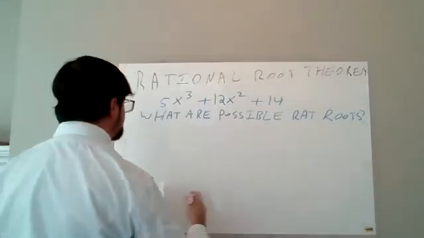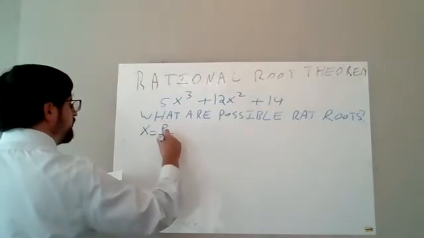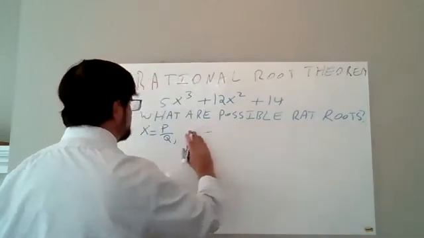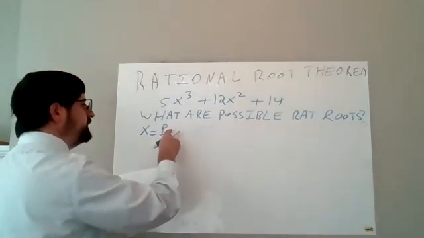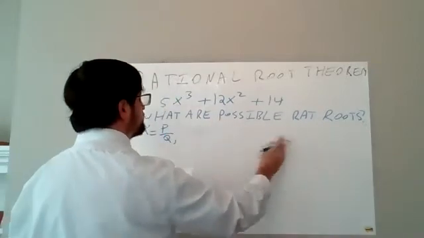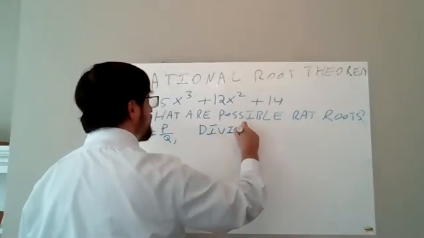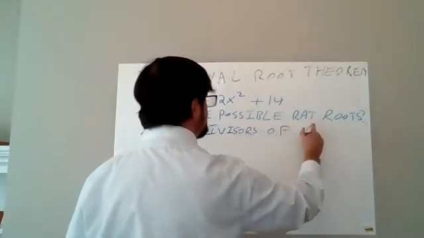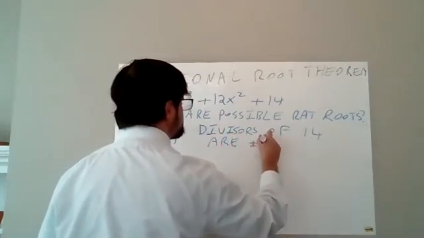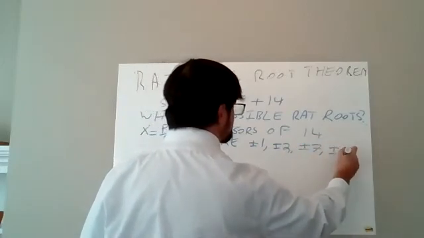All right, so we have x equals p over q. Our p's have to divide 14. Our q's have to divide 5. The divisors of 14 are plus or minus 1, plus or minus 2, plus or minus 7, and plus or minus 14.